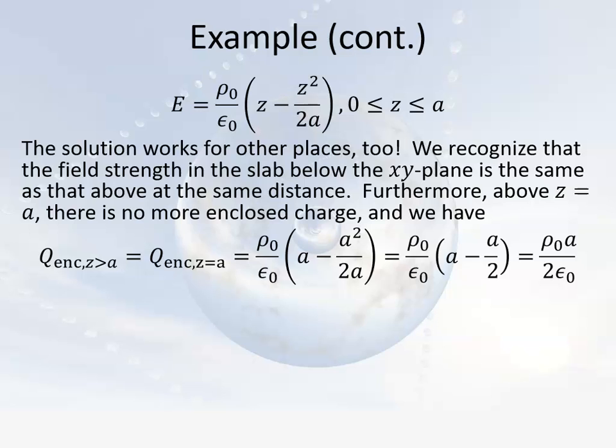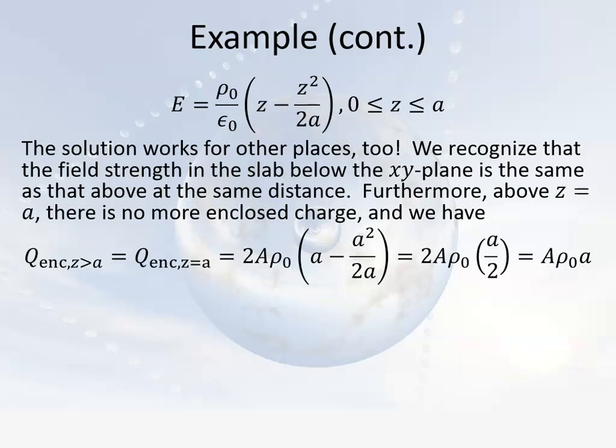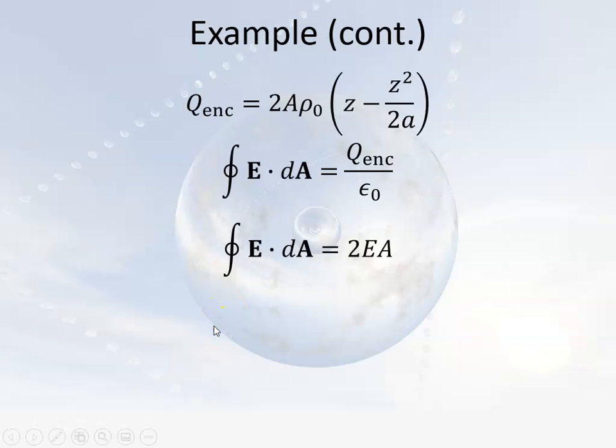Now, unfortunately, there is an errant factor of epsilon naught here, because I copied this from the electric field. So we need to get rid of that errant factor of epsilon naught. So I'm going to say fix it. And just like that, it's fixed. Notice it also gave me back this factor of 2 that I had forgotten, because if you go back to the previous result, the enclosed charge is like this, and there's that factor of 2.